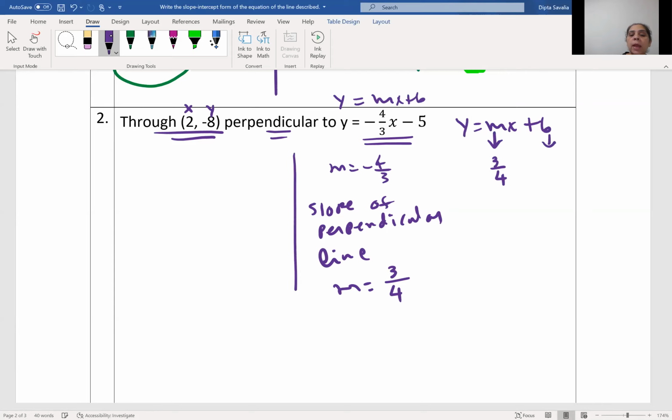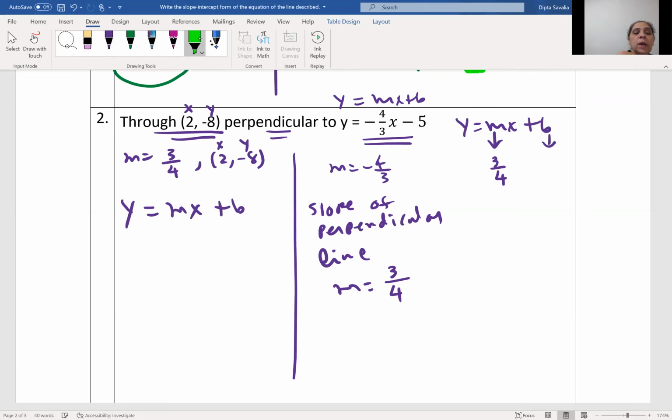Now we need to find the b value. So we can say m is 3/4, and we have the point here, 2, -8, which is x and y. So in this equation, we have 4 variables, right? You can just plug in these 3 variable values.